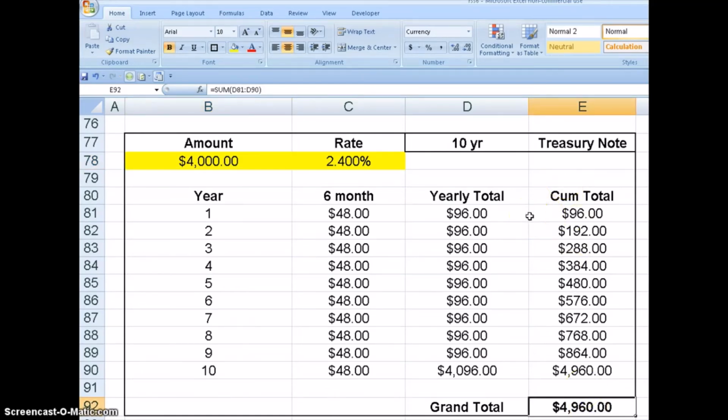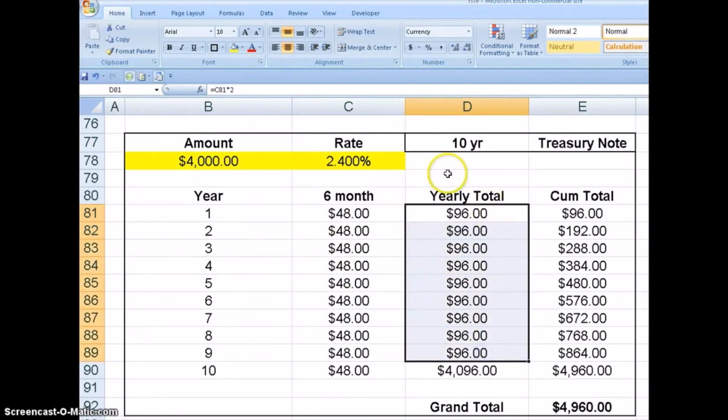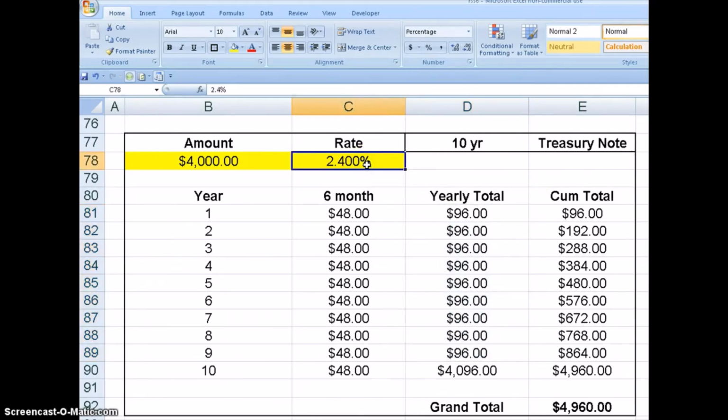But really, along the way, you could take these payments that you get every year and invest those in something, maybe in more notes, or maybe in savings bonds or stocks or anything. You could invest these interest payments in investments that have rates greater than 2.4%.